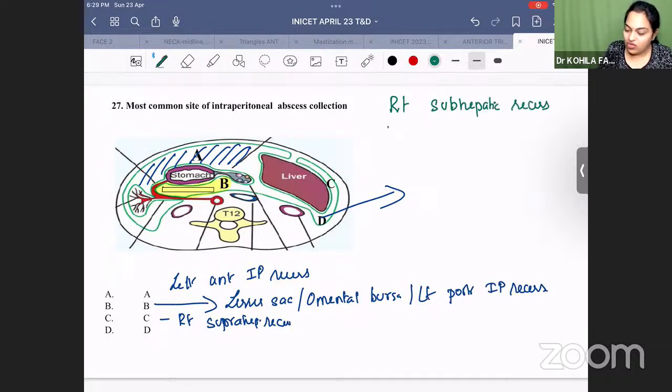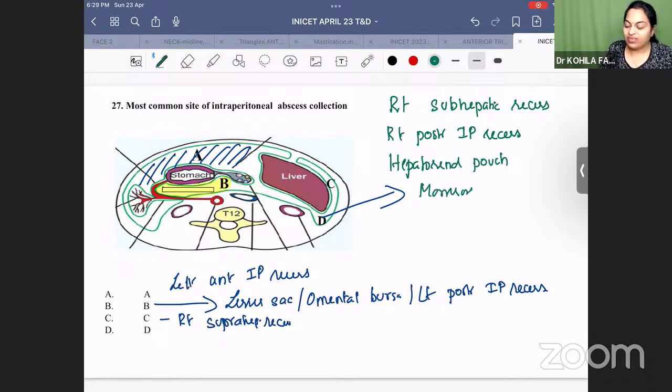It is also called the right posterior intraperitoneal recess. I know it's called Morrison's pouch, but sometimes a different name is given. You shouldn't find it difficult, right? It's called the hepatorenal pouch of Morrison, and it is also called Morrison's pouch, right?